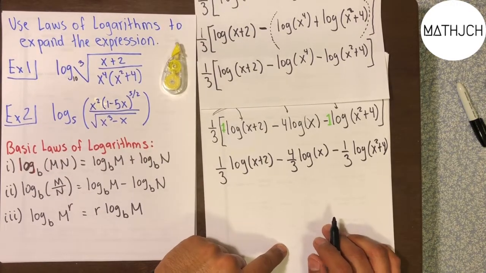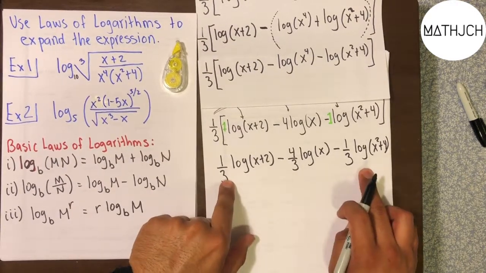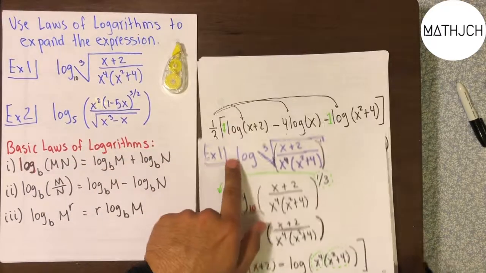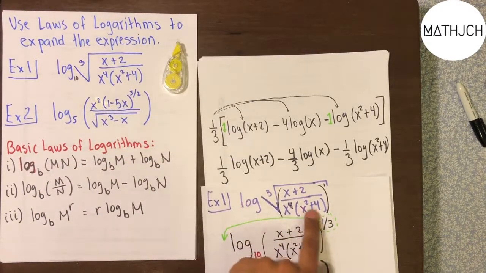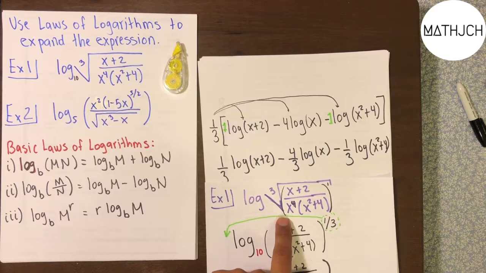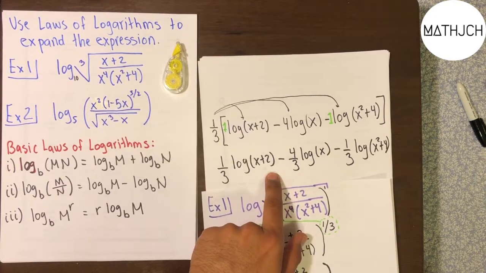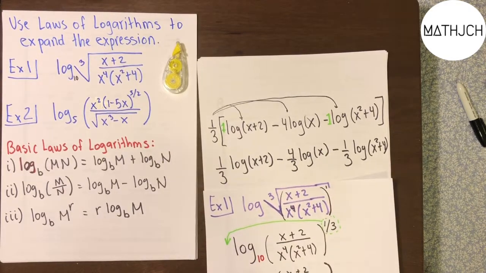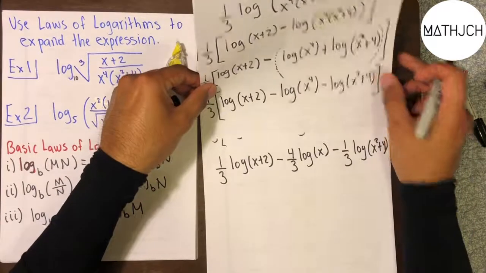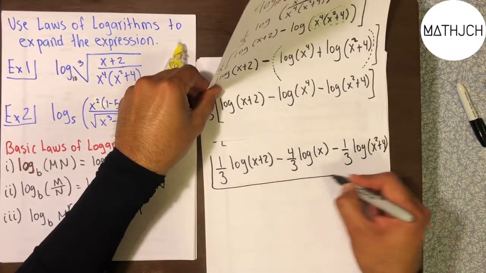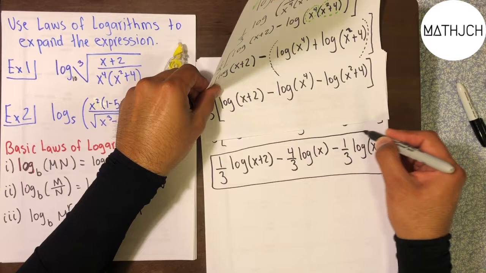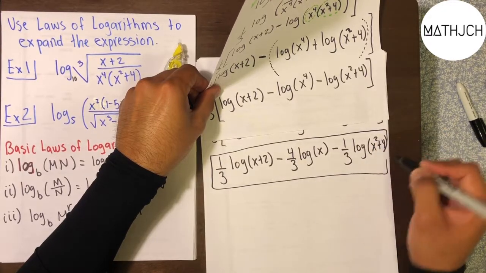And that's the expansion of our example number 1, which was written as a single logarithm, and we expanded it into different logarithms. So that will be our expansion of the single logarithm.